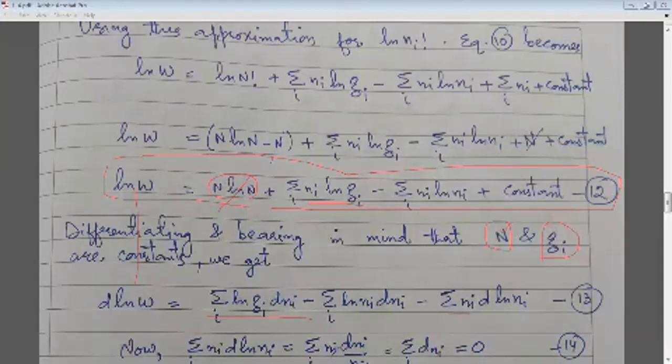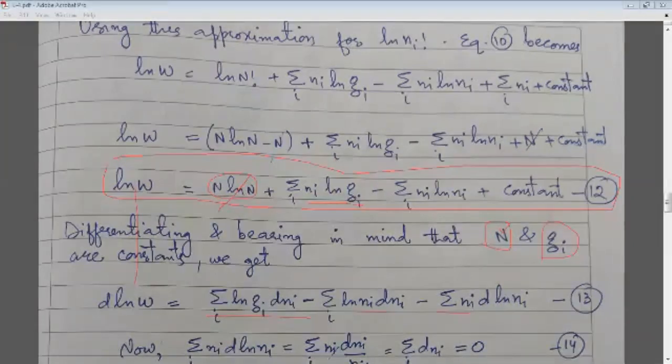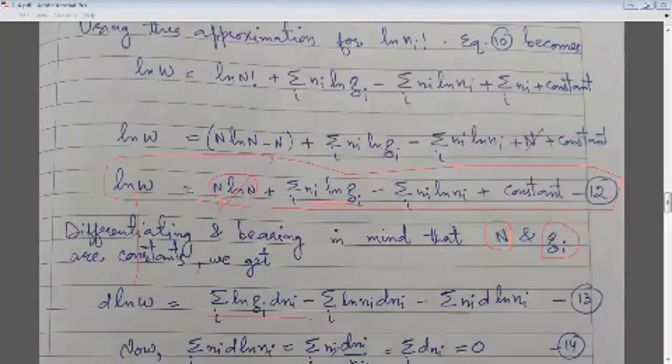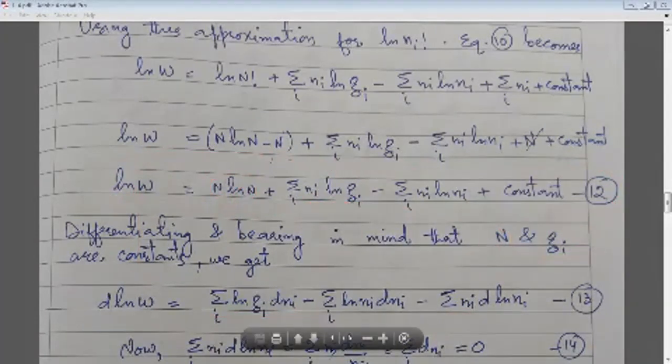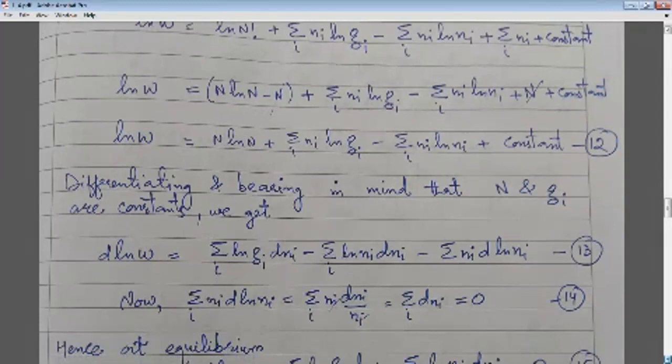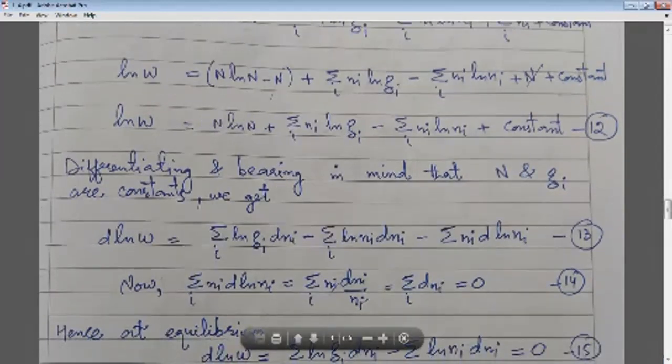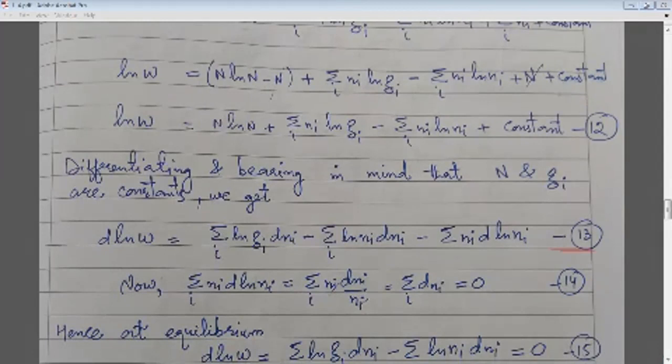We have done nothing special; we have used the uv rule here and differentiated, and we also took into consideration that the total number of particles and gi are constant. If you get a term like the differentiation of gi or of ln gi, that will be equal to 0, or the differentiation of N will also be equal to 0. So you will get these two terms. But here we will further simplify equation 13.